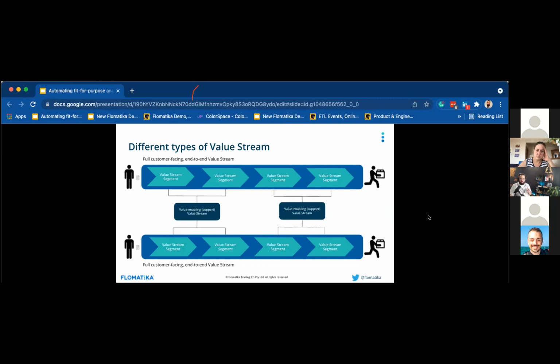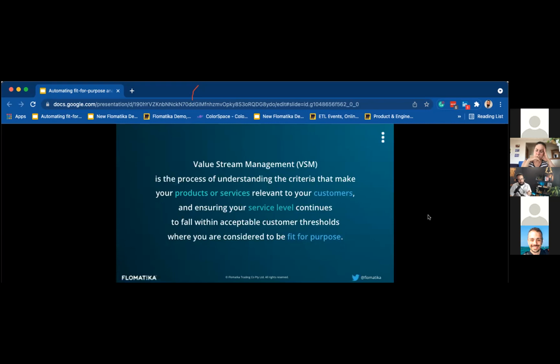All right, so now that we understand the construct of a value stream, let's give it a definition. You'll find definitions of value streams all over the place, and some of those put processes and tools at the center of it, but I thought we would give it a go and put the customer at the center. So if you know what a value stream is, then what is value stream management?